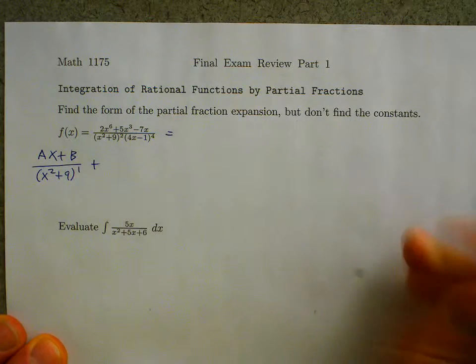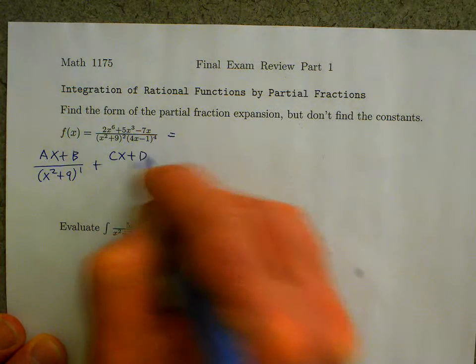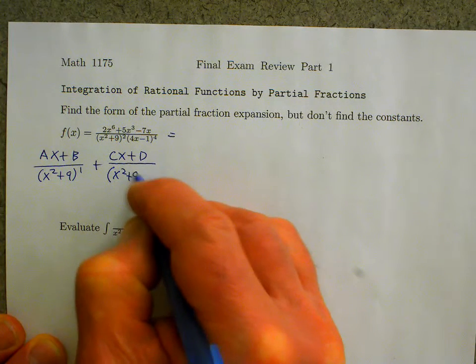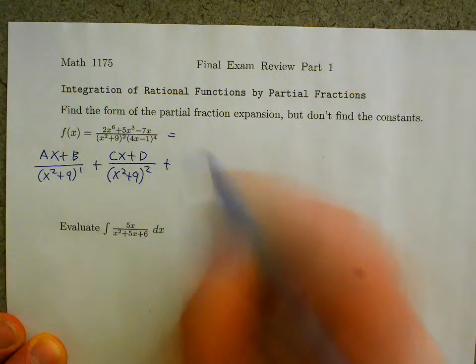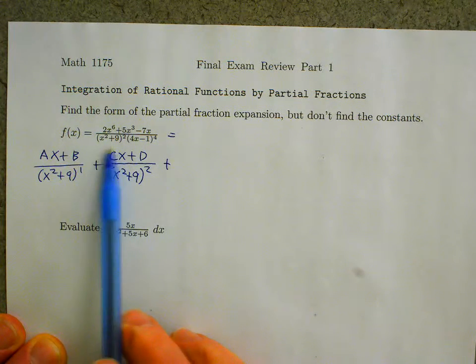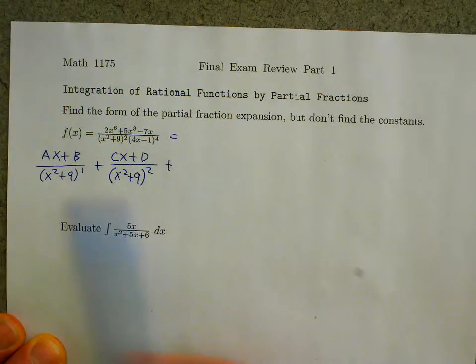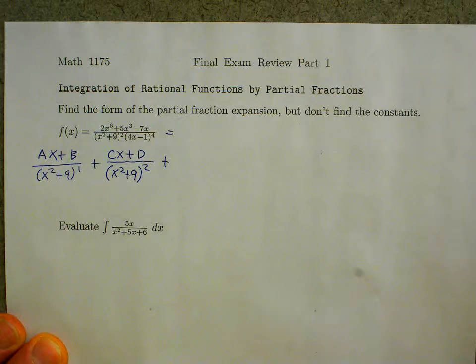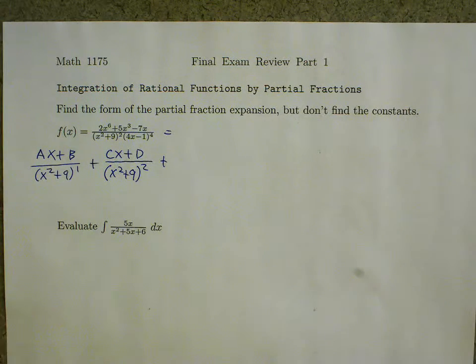But then we need another one, cx plus d over (x squared plus 9) squared. Okay, so that takes care of the irreducible quadratic to the second power in the denominator. And what about the rest of this partial fraction expansion?